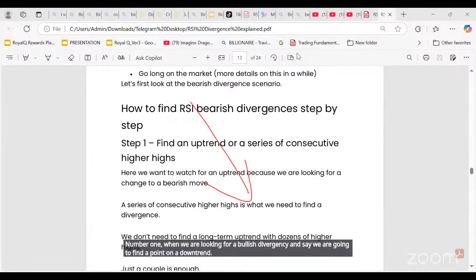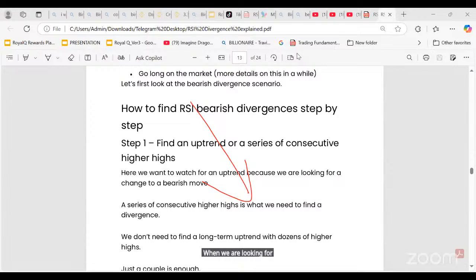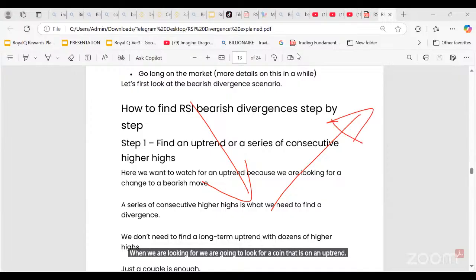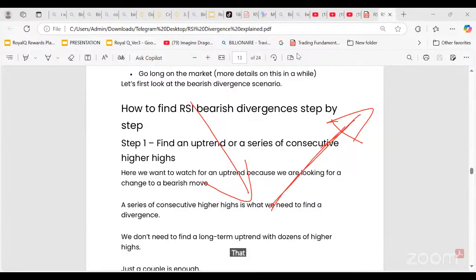When we are looking for a bearish divergence, we are going to look for a coin that is on an uptrend. Meaning that if there is any coin you see in your Royal Q that is moving up, start smiling, because you are going to find an opportunity to make money when it's moving down.